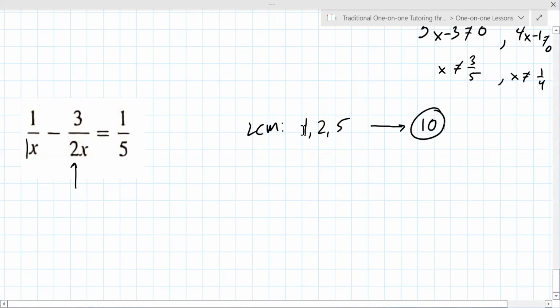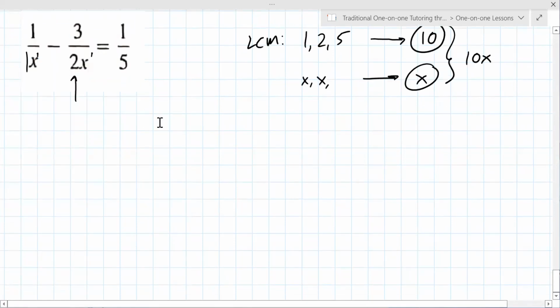And this time it actually is the product of them. 1 times 2 times 5 is 10. It's not always the case, but when you've got an x and an x, your least common multiple between x and x is x. So those together make 10x. Now, the shortcut here is your goal is to get 10x on the bottom in each case.